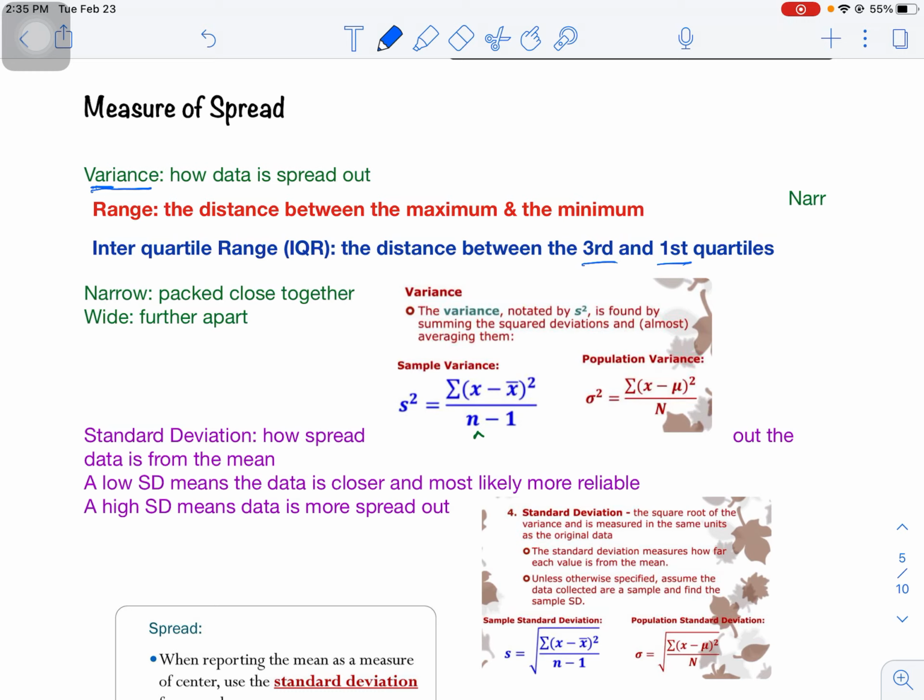Now, standard deviation is one that you'll use a lot, and there are two different types: a population standard deviation and a sample standard deviation. We usually use a sample the most. An example later actually uses population, but population is like everybody, whereas a sample is just a small sampling.